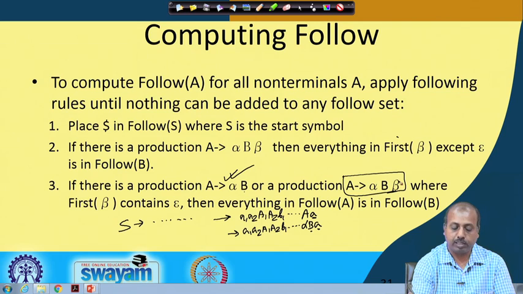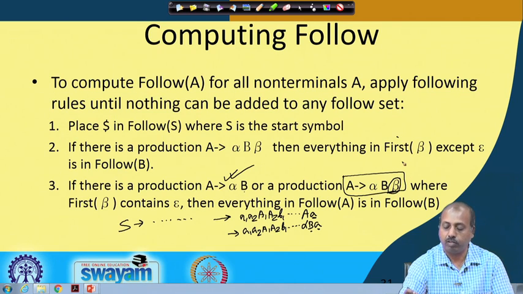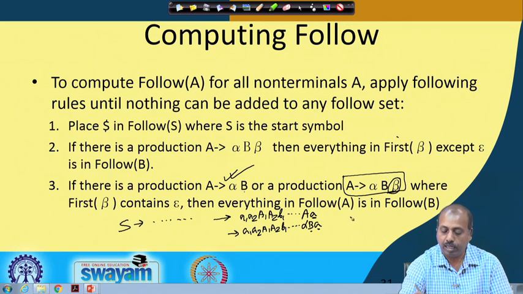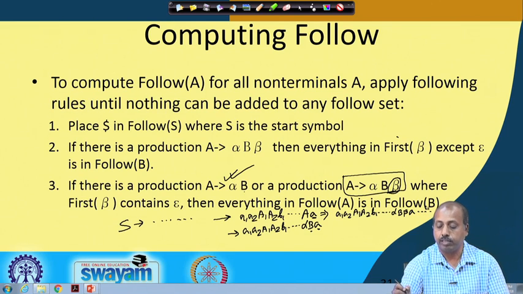Also, if first of beta contains epsilon, then what will happen is, from this I can rewrite this as A1, A2, then B1, etc. And then this A can be replaced by alpha B beta, then small a, and it can go like this.